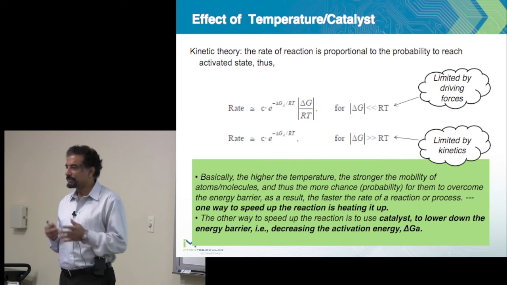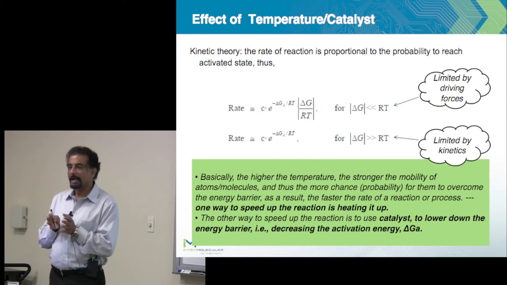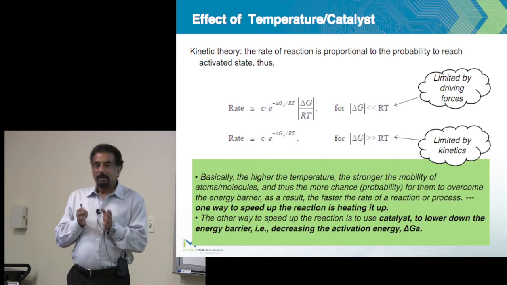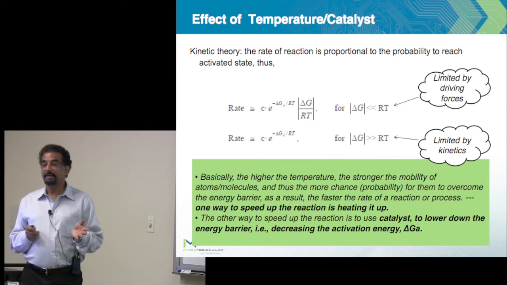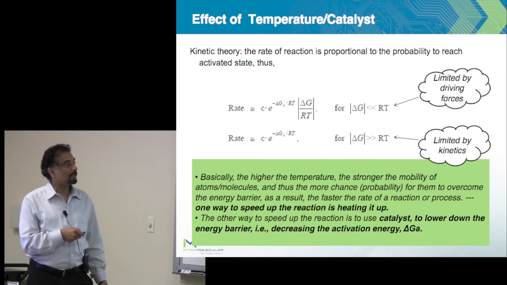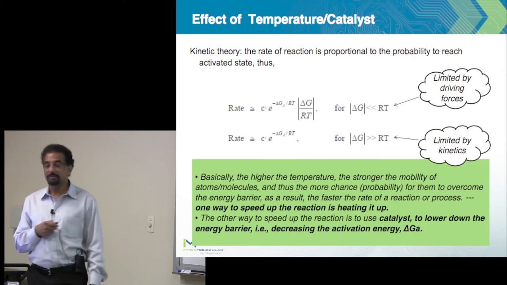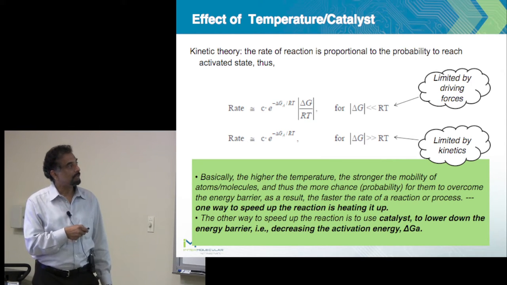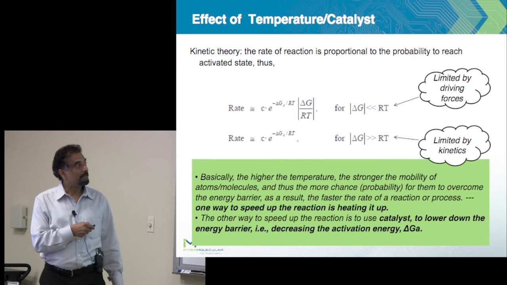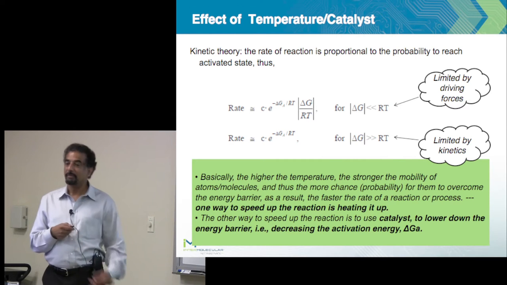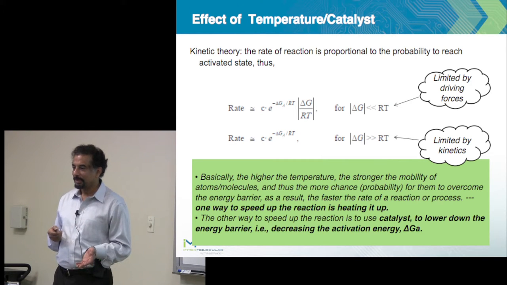And so in many cases, when we look at a lot of the reactions and we want them to happen in real time, we have to look at the kinetics, and this is where sometimes we talk about using a catalyst, because a catalyst will change this number and make it smaller. One way to increase the rate of reaction is always to go higher in temperature, right?